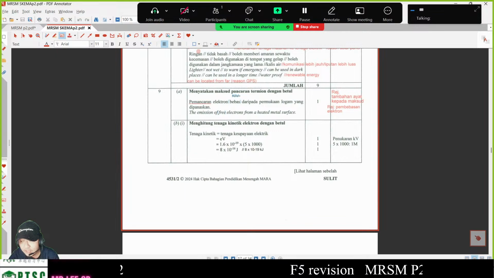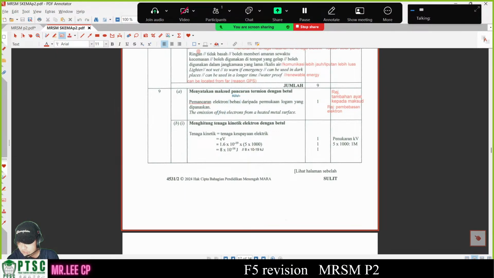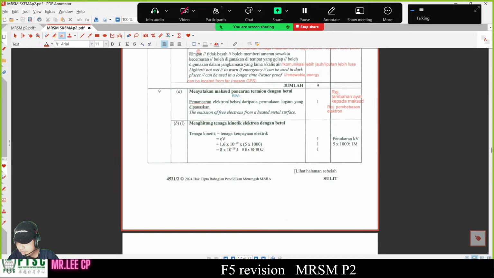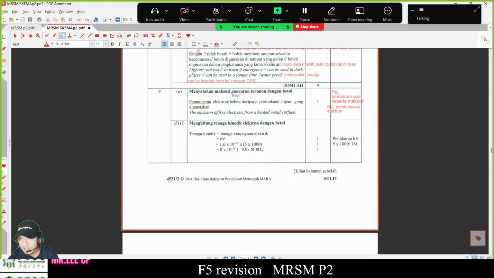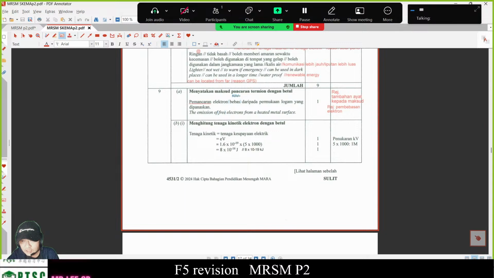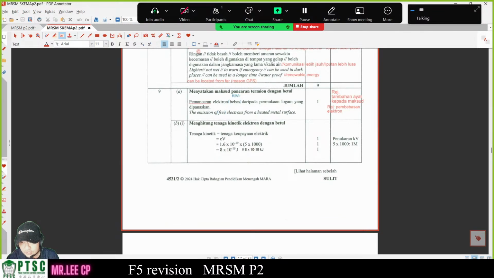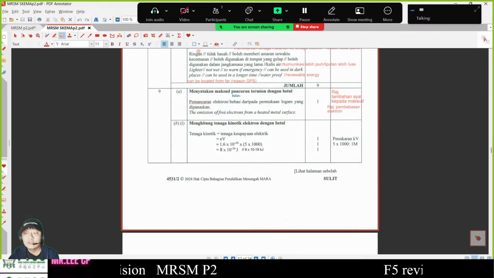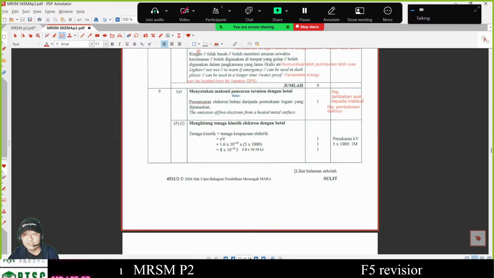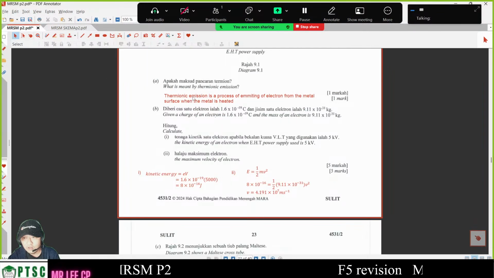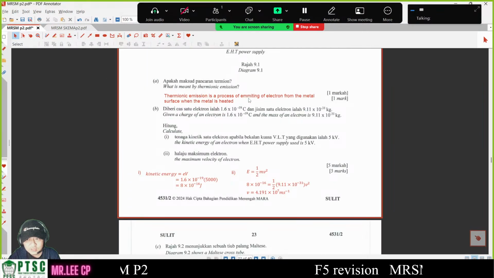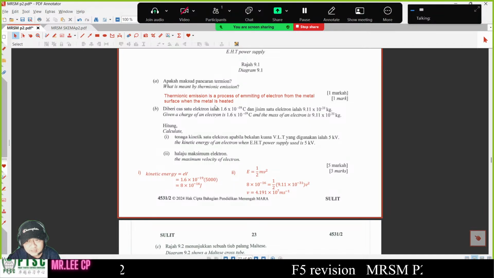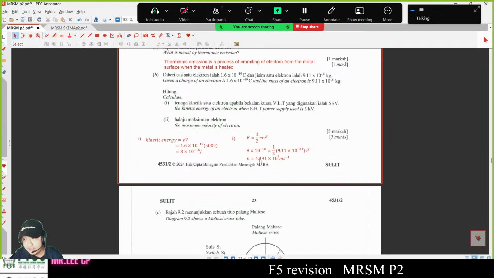They said reject 'release of electrons'; you cannot add other words to the meaning. Now, the emission of electrons from the heated metal surface also can. You can put it this way: thermionic emission is a process of emitting electrons from the metal surface when the metal is heated. Same thing.